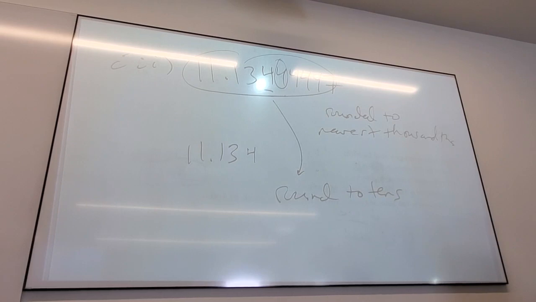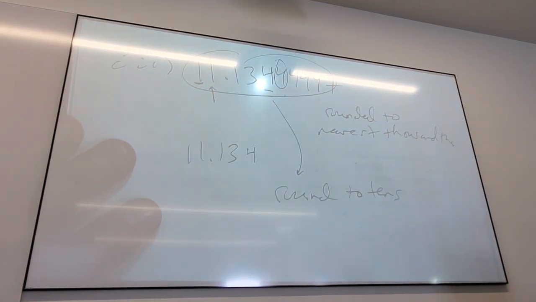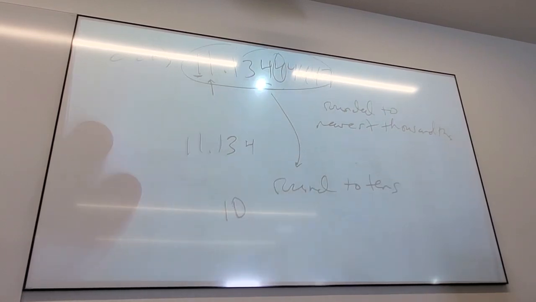So what's in the tens place? 1. This first one, yes? What's next to it? 1. So what's the answer then? 11. Good. 10. Nearest ten.